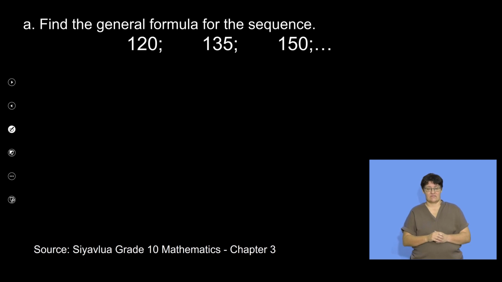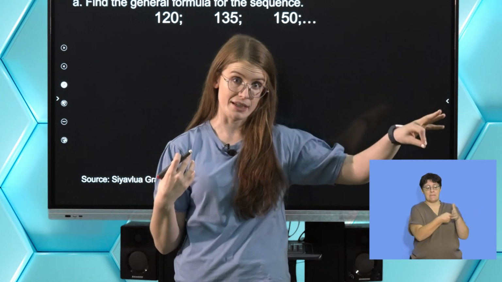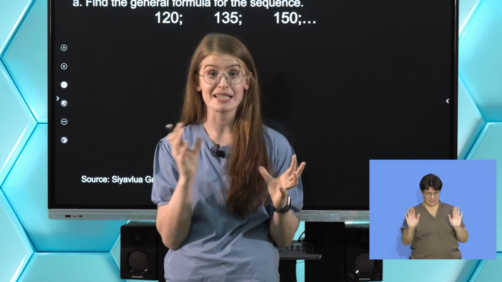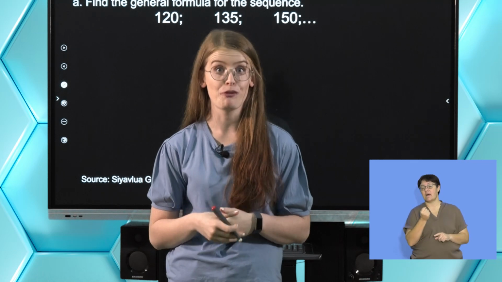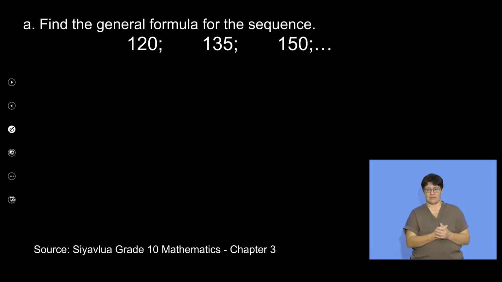So, all that I've done on the board behind me is written the 3 amounts paid for the 3 different data deals. We are going to see if there's a relationship between each of these numbers, so we can actually determine the nth term for the pattern. Let's have a look at the numbers. We have 120, 135, and 150.